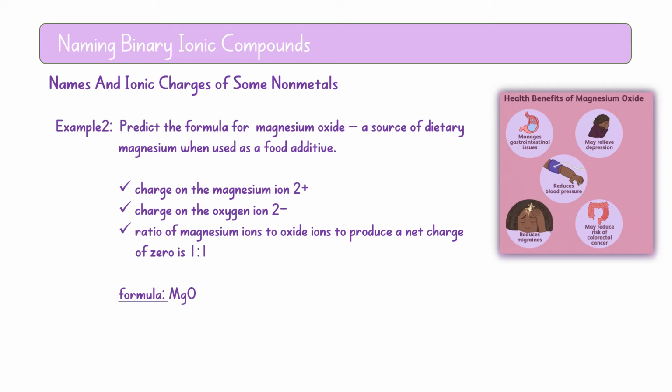The charge on the oxygen ion is 2-. The ratio of magnesium ions to oxide ions to produce a net charge of 0 is 1:1. So the formula is MgO.